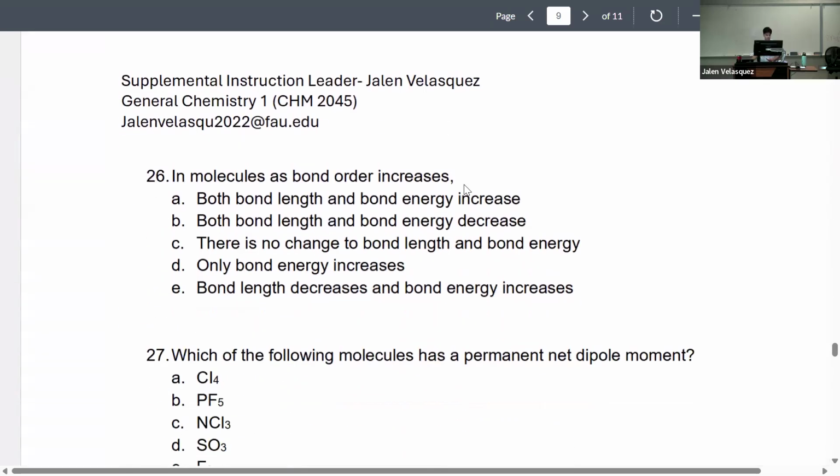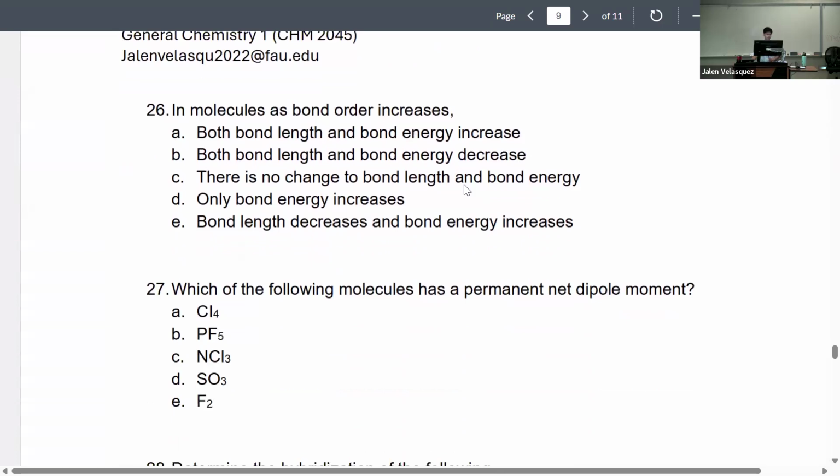All right. For 26, in molecules, as bond order increases, what is true? Say E. Good, it's going to be E. So as bond order increases, bond length will decrease, bond energy will increase.